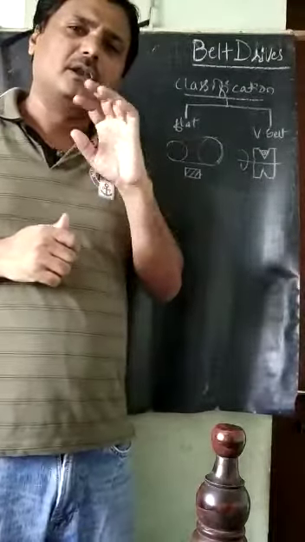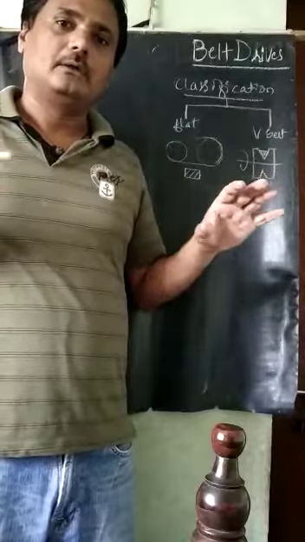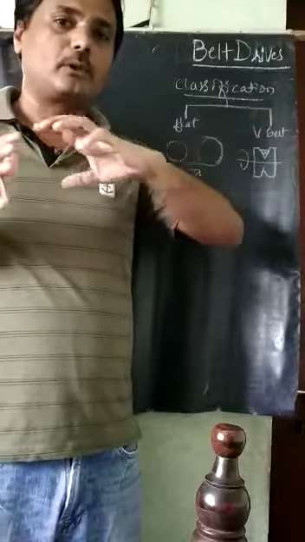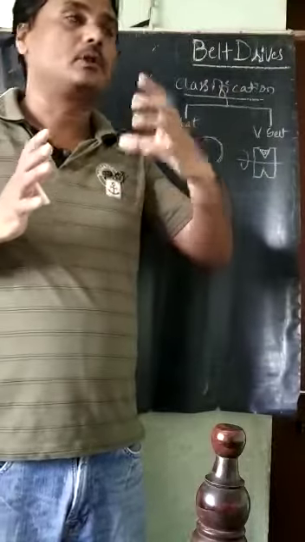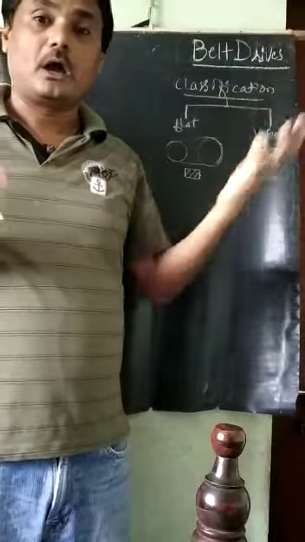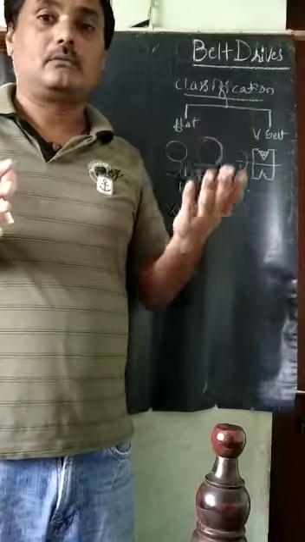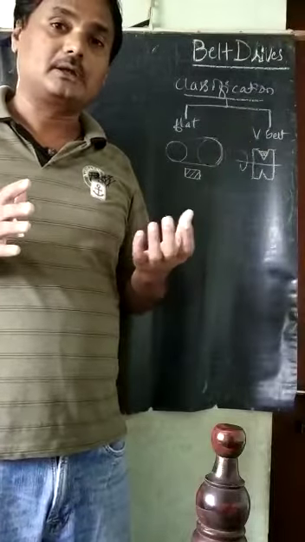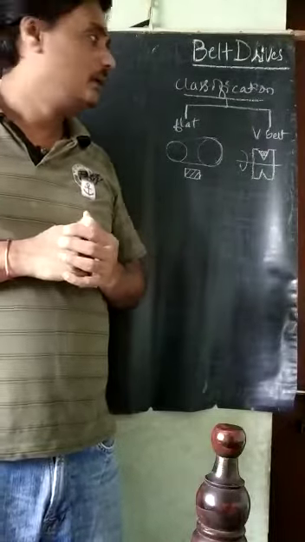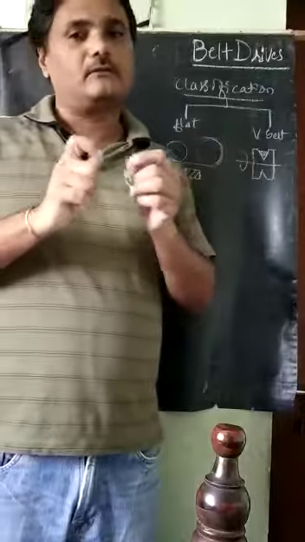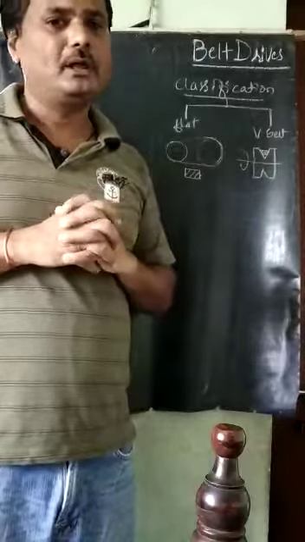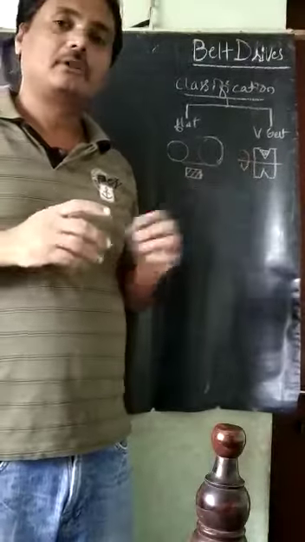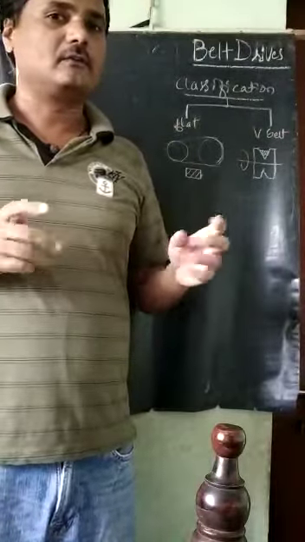In industrial conveyors that move goods from one place to another, for example in coal industries moving coal more than 10 or 15 meters, the flat belt is preferable. In the case of the V belt, the distance between the two shafts is less compared to the flat belt. It is not suitable for long distances.